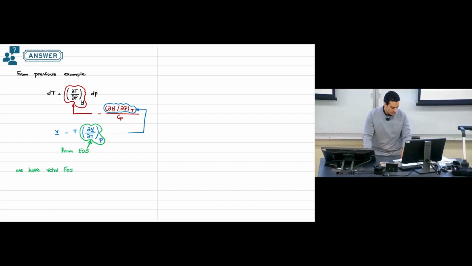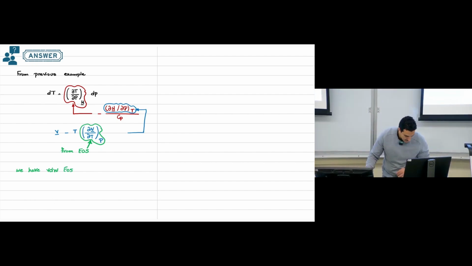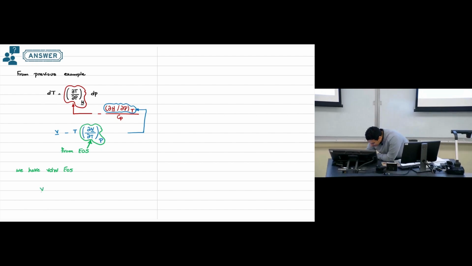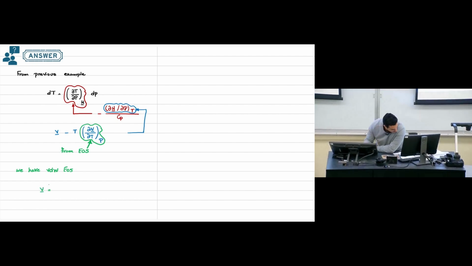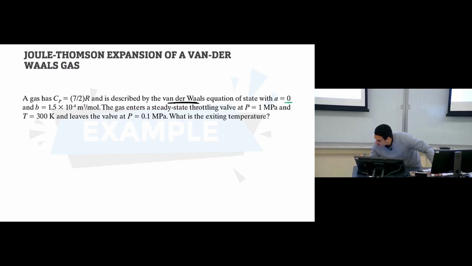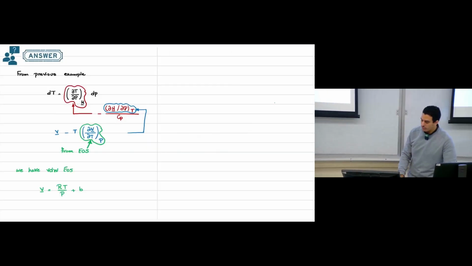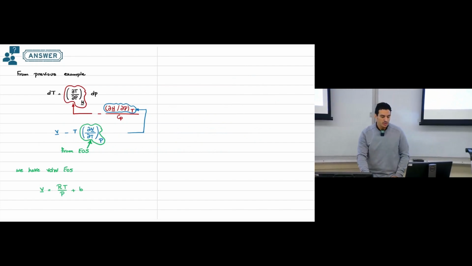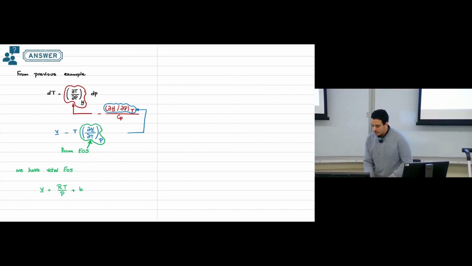The van der Waals equation of state says we have V equals RT over P plus B. After we substitute, the value of A is 0, so this is why we removed it from the equation, and only the parameter B appears in the equation.